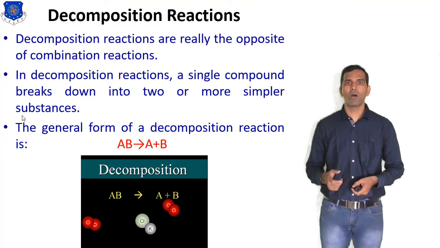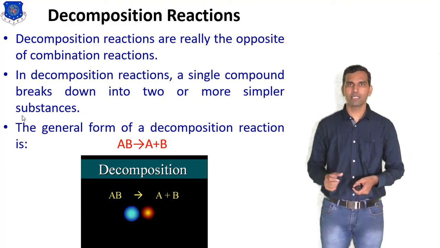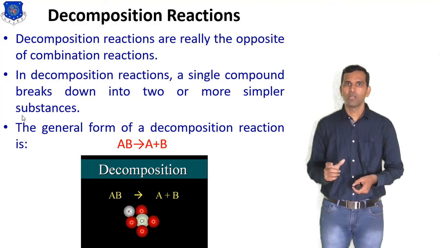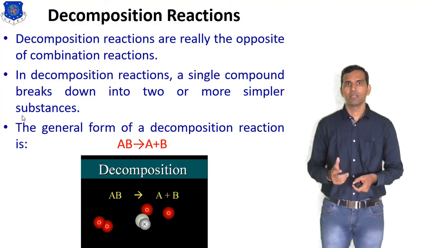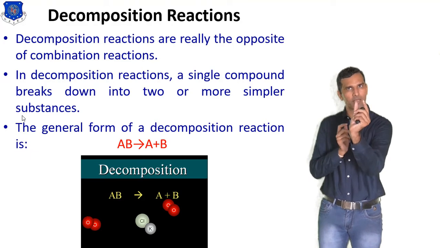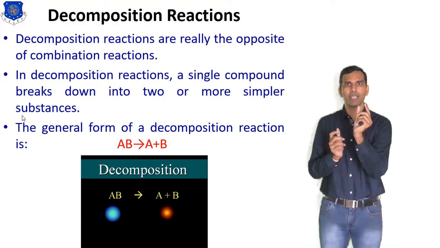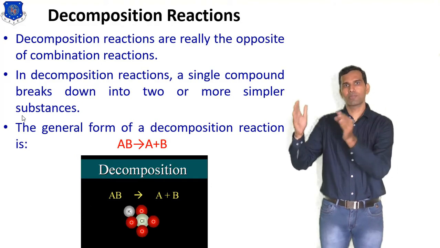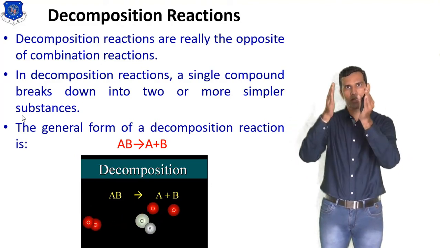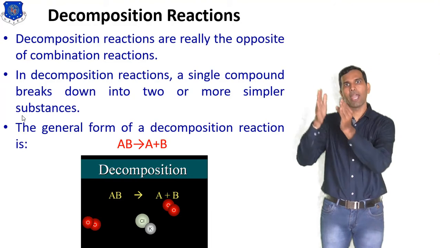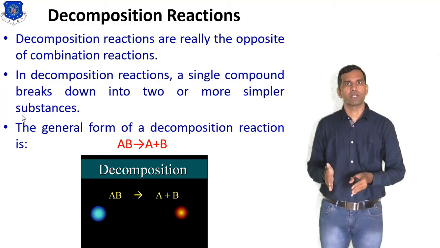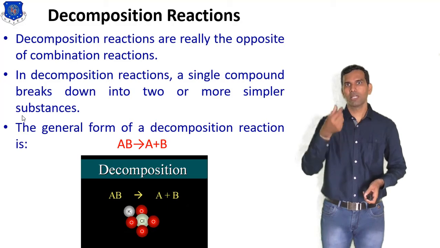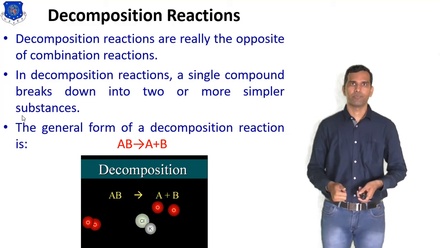The general form of a decomposition reaction is AB equals A plus B. Here AB is one compound, and in this reaction it divides into two different substances, A and B, individually.